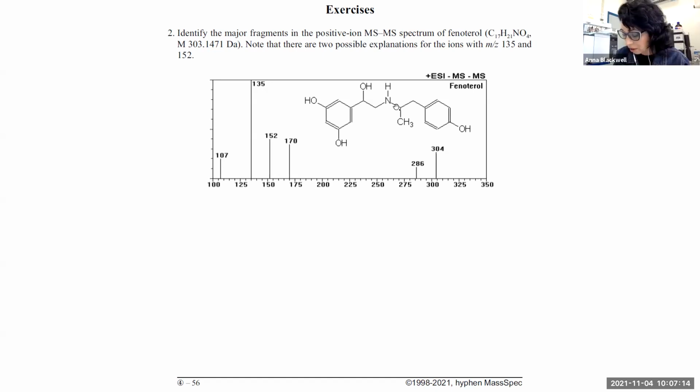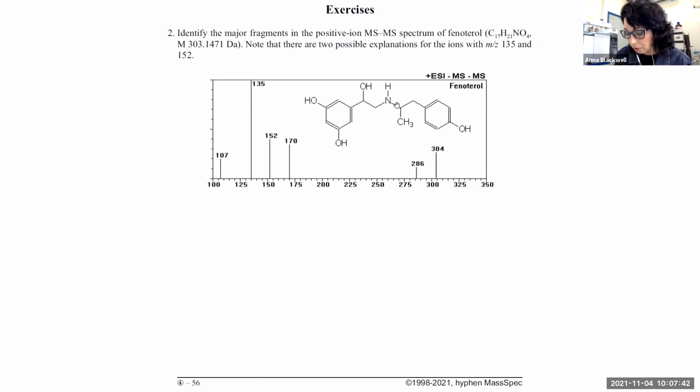After that, we have a loss of water, and we have a fragment with mass 152. After that, in this fragment, we have loss of ammonium, and we have fragment 135.